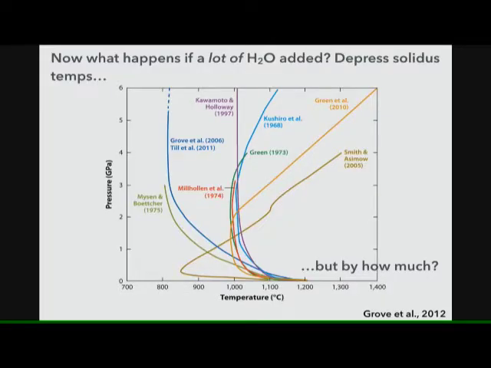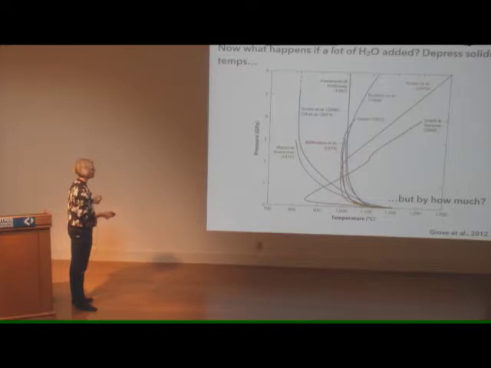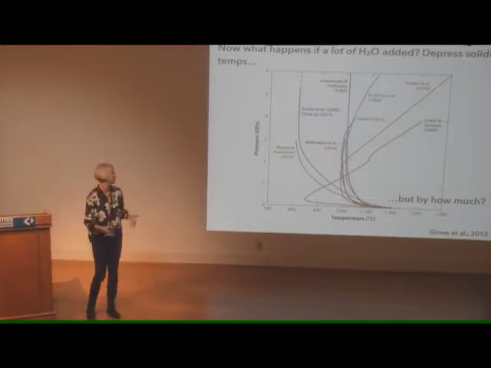So this is a compilation of all the water-saturated solidi for mantle peridotite in subduction zones. And you can see there's quite a bit of variation. So early studies, Mysen and Boettcher in 1975 and Millhollen et al. in 1974 sort of set up the controversy that has continued.